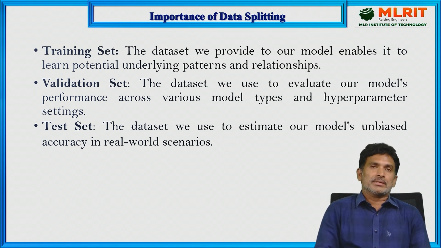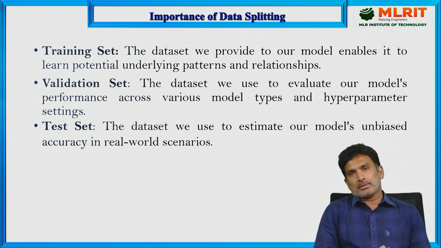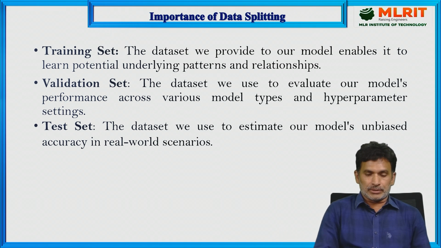This data set is used to evaluate our model's performance across various model types and hyperparameter settings. If you change the parameters, the model performance changes, and the validation set is mainly used to evaluate all these models.